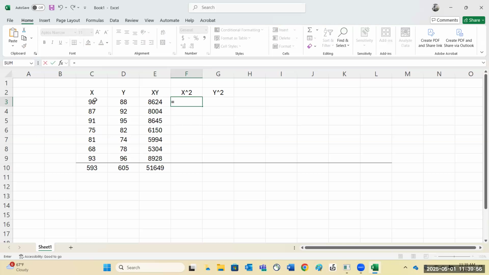So how do you get x squared? You just take the x and square it. Same thing with the y's. Take the y values and square them.